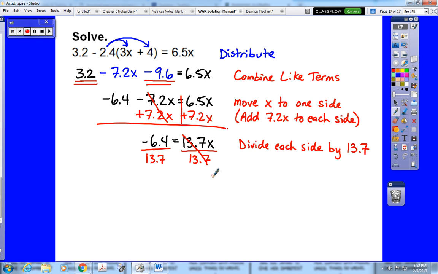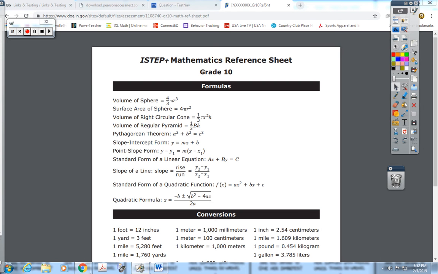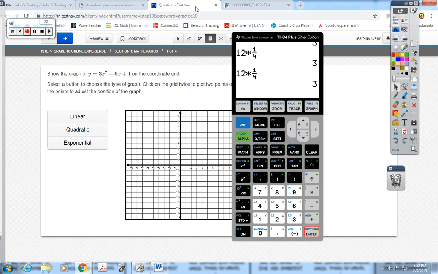Now folks, if you put that in your calculator, you're going to get an ugly decimal. So let me show you something here. Okay? So if we go to the calculator, and again, we can get to the calculator by going through the school website to practice. If we do negative 64 divided by 137, we get a decimal. You should not give that decimal.